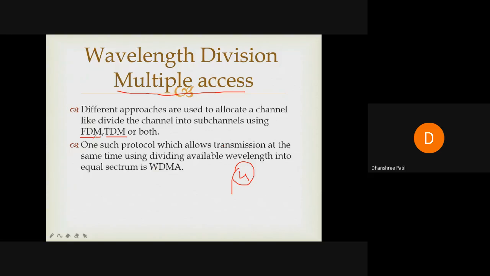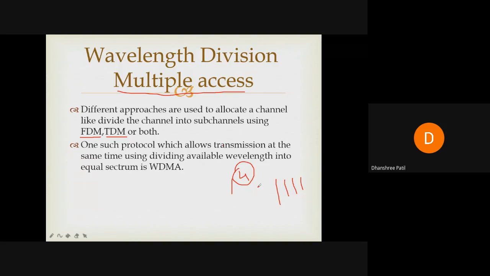That is called FDM, frequency division multiplexing. And TDM is what? For all four stations, some time slot is allocated, and within that time slot, every station is allowed to transmit its frame. That is nothing but TDM.